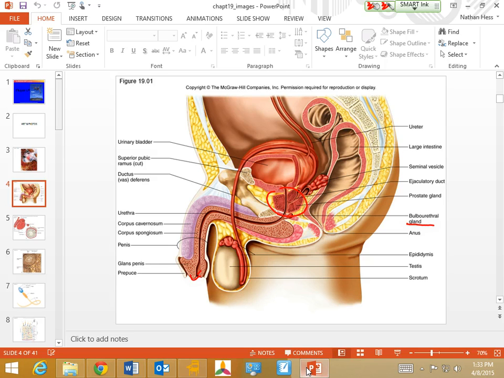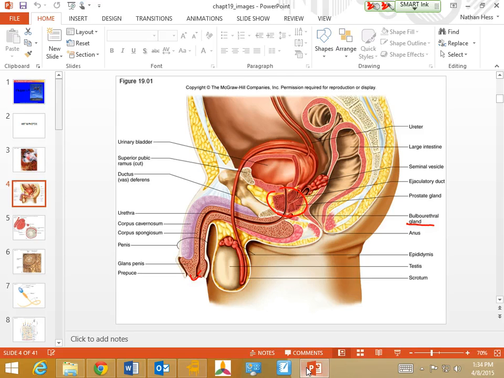So if the vagina is very acidic, why would you want semen to be very alkaline? To neutralize it. Yeah, to neutralize it. So that way the semen is allowed to go through. All of these things are to allow that semen to get into the vagina, to move up and find the egg.